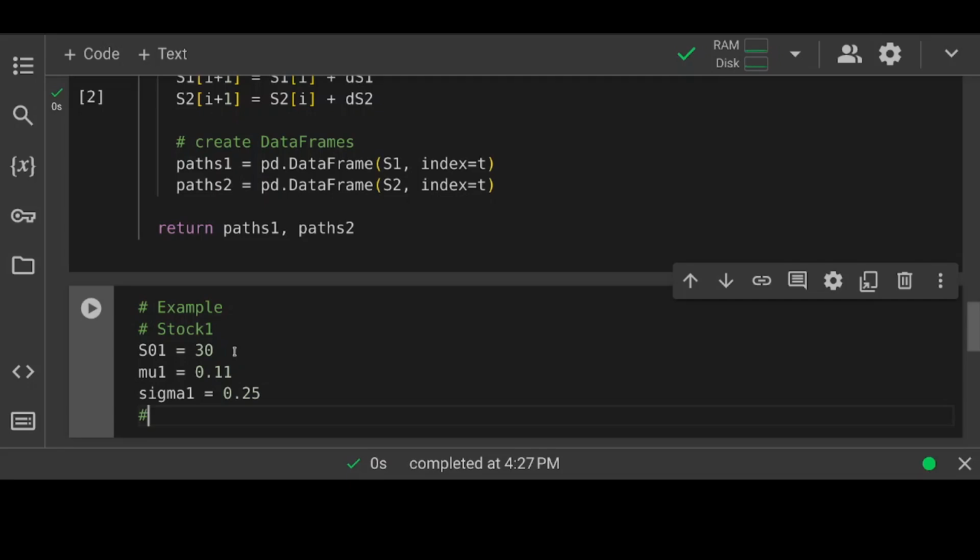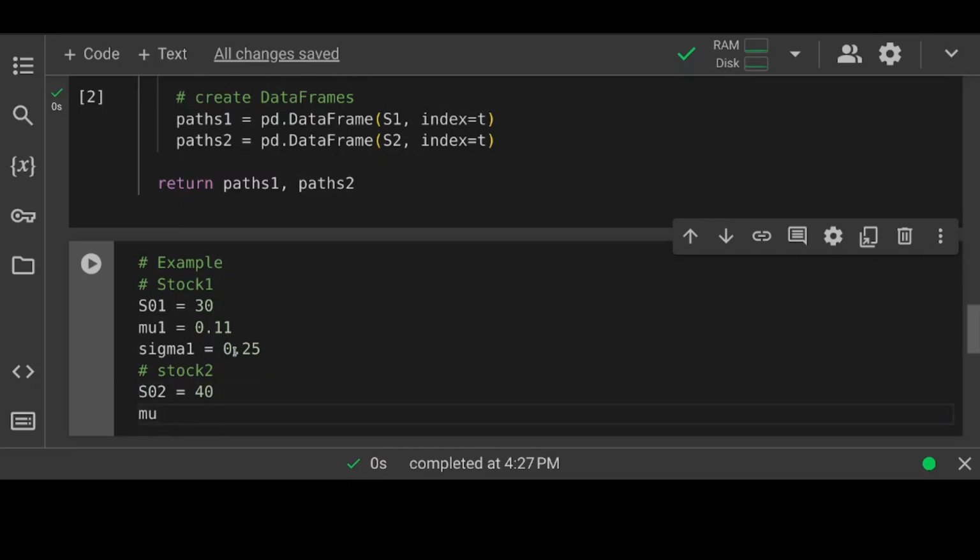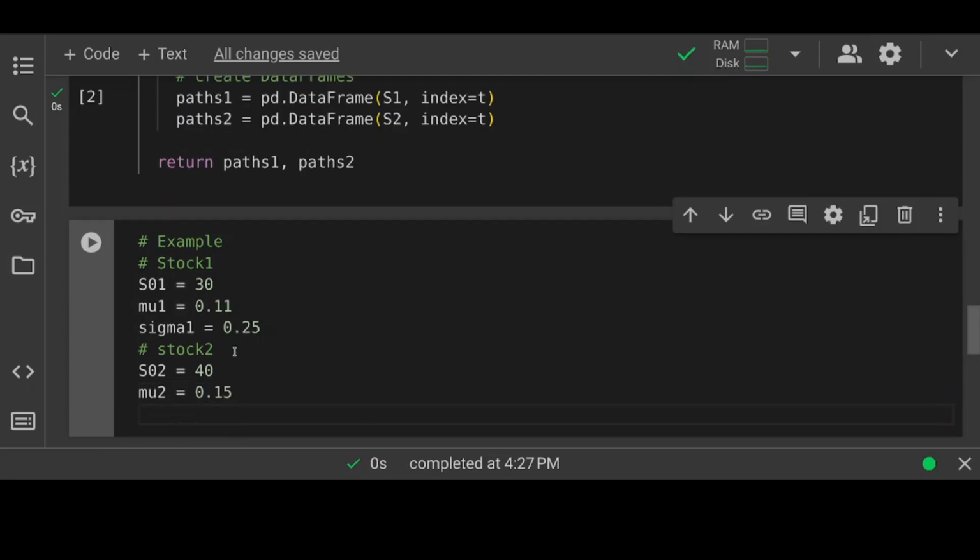And for the second stock, stock 2, we have the following parameters. Let's say the initial price is, say, 40. Mu2 is equal to 50%, and sigma 2 is equal to 30%.